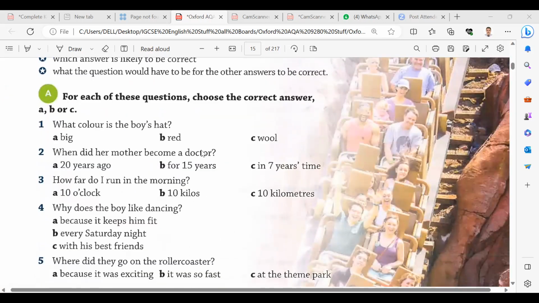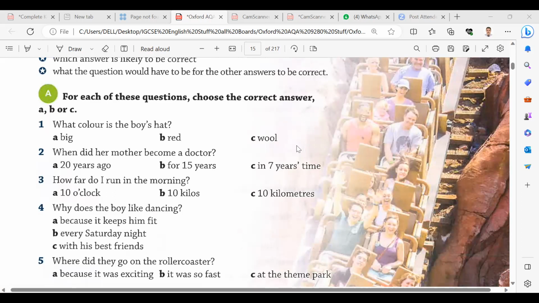Right. Now it's time to listen. Before you listen, please read the questions. Here, you have some direct questions, MC questions. For each of these questions, choose the correct answer. Again, before you listen, you must read the questions and define the keywords of each question.